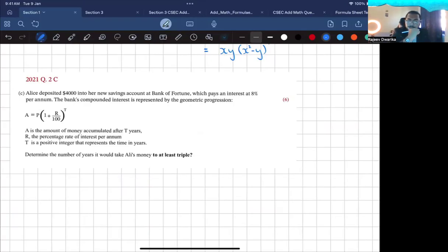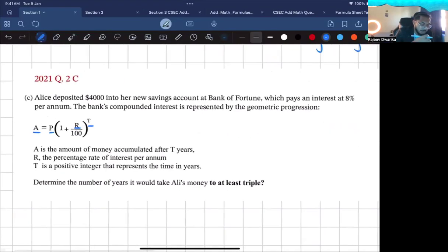Right. So, Kira, how much did you put in at the start? 4,000. So that would correspond to which unknown? A. I'm worried for you because in that maths exam this year, you had to know that the initial amount was the principal value.